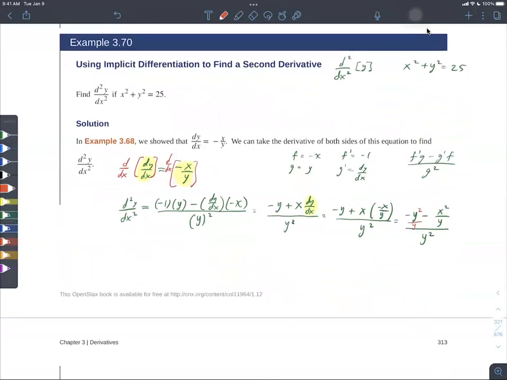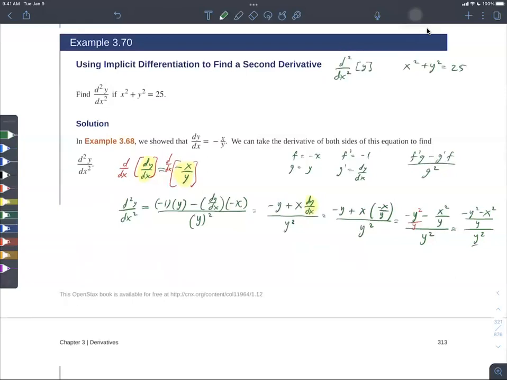So multiply a factor of y to the bottom of the -y and to the top. So it becomes minus y squared over y, which reduces to minus y. And the reason I did that is now I can combine the two fractions in the numerator, and we would get minus y squared minus x squared over y, divided by y squared.